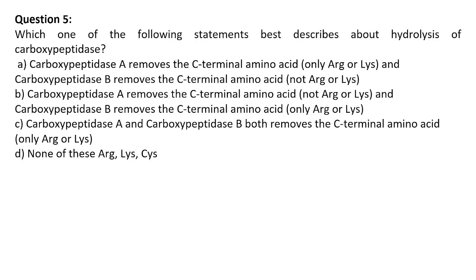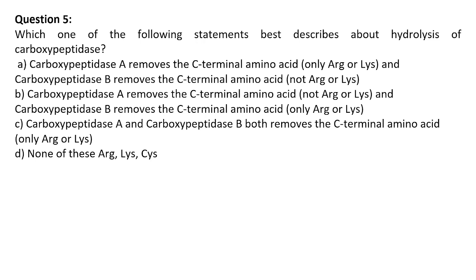There are two types: carboxypeptidase A and carboxypeptidase B. The first statement says carboxypeptidase A removes the C-terminal amino acid only if it is arginine or lysine, and carboxypeptidase B removes the C-terminal amino acid if it is not arginine or lysine.